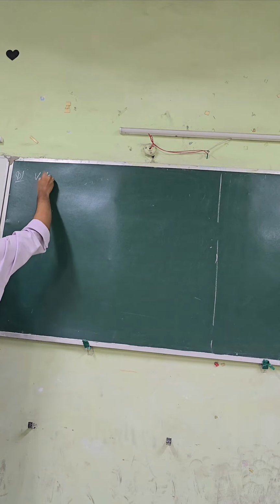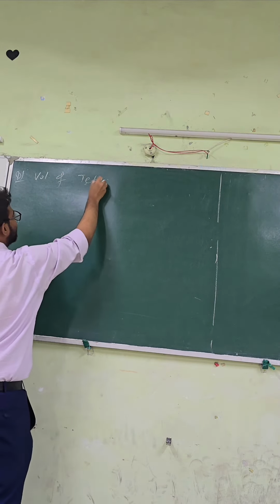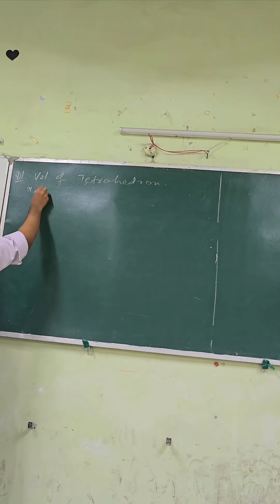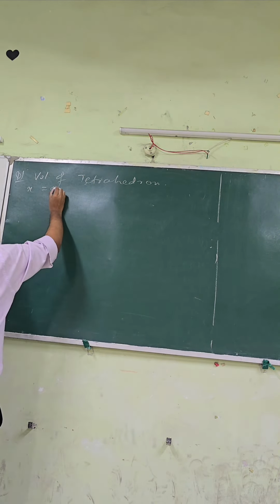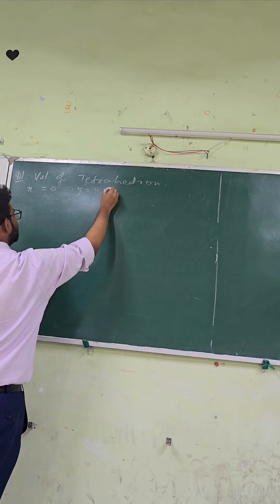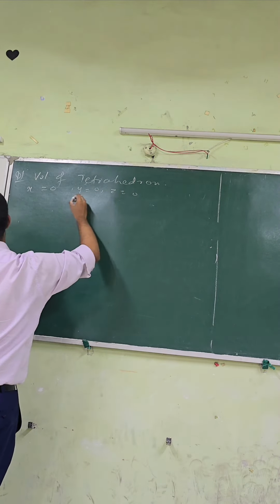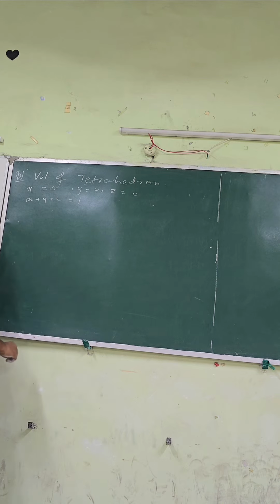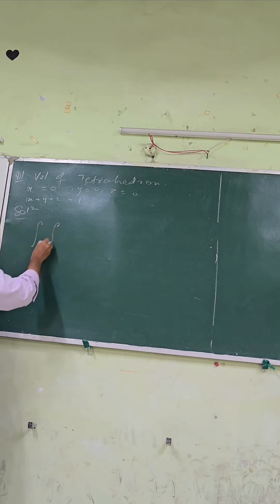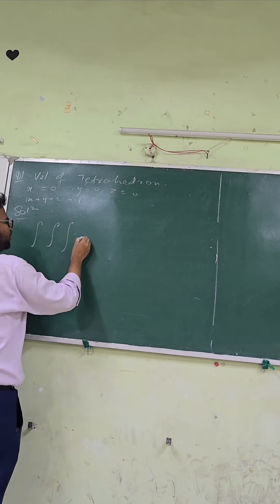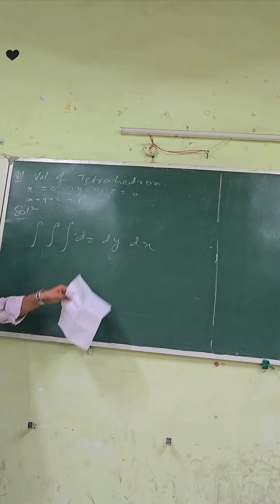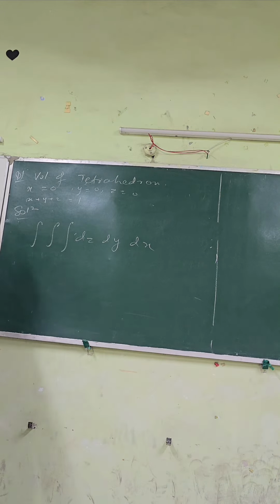You have to find the volume of the tetrahedron in the region x equal to 0, y equal to 0, and z equal to 0, and x plus y plus z is equal to 1. So basically you will do this integral dz dy dx. You will draw the region, you will draw a tetrahedron, and then show it.